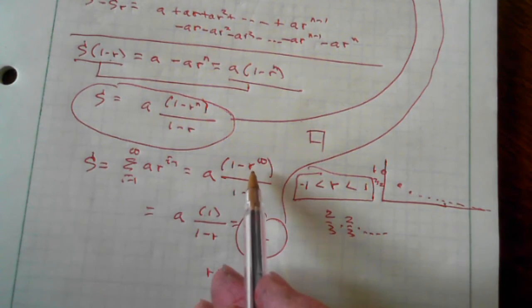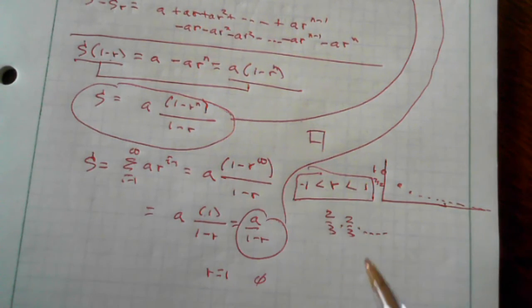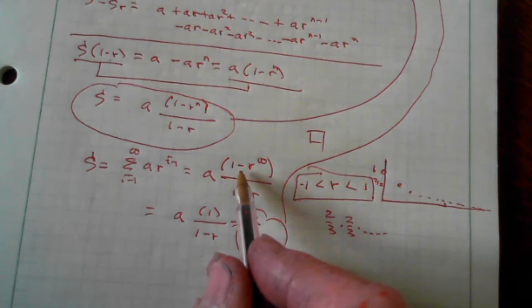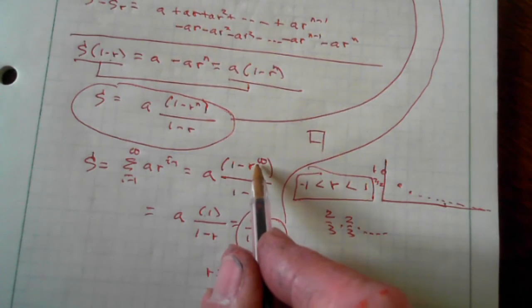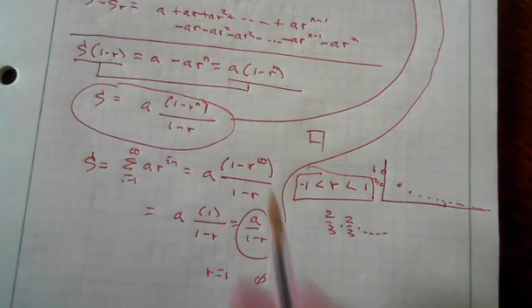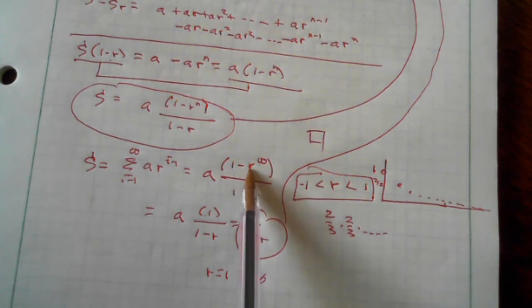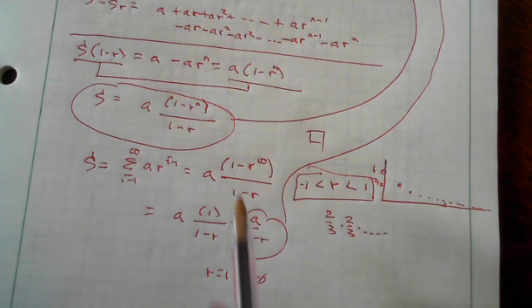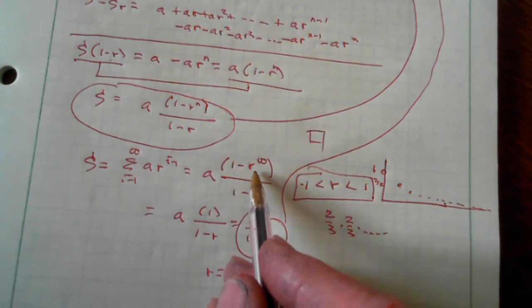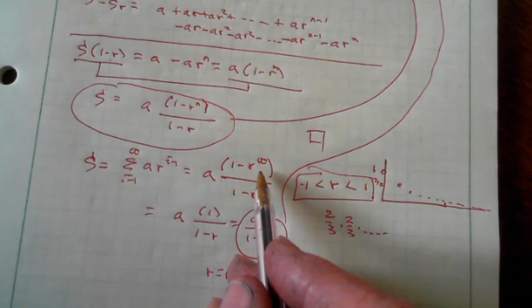Now, if r is bigger than 1, like if r is 2, then I'm going to have 2, 4, 8, 16, 32, 64. This guy increases without bound. And so it's going to be divergent. It won't equal anything. And then if r is something smaller than -1, like -2, then it's going to be -2, +4, -8, +16, -32.